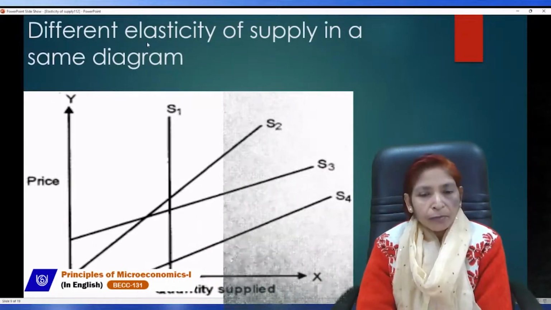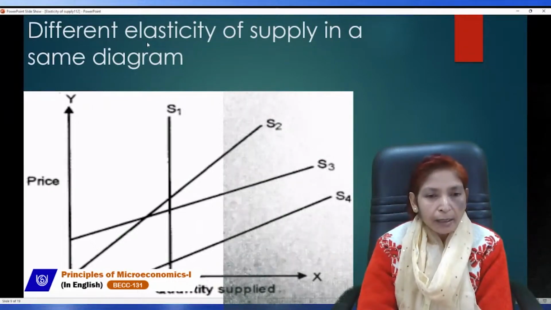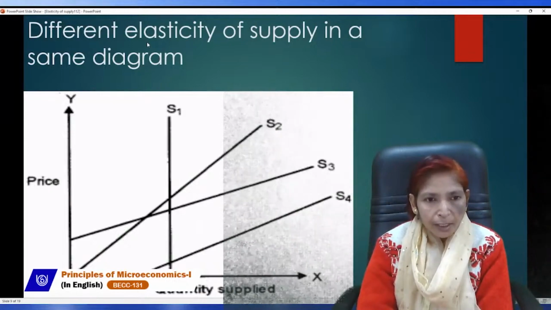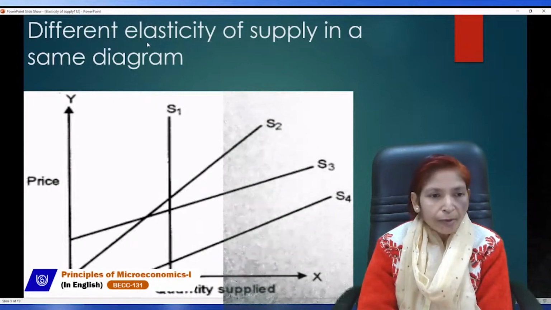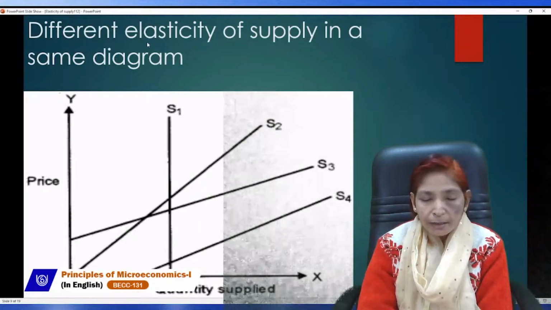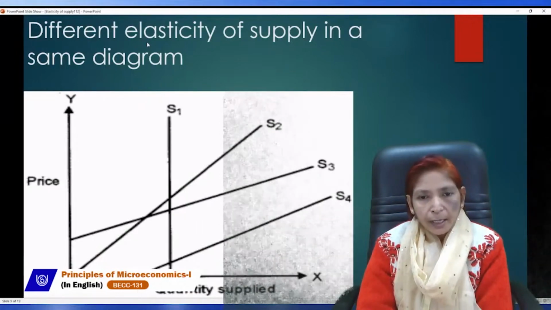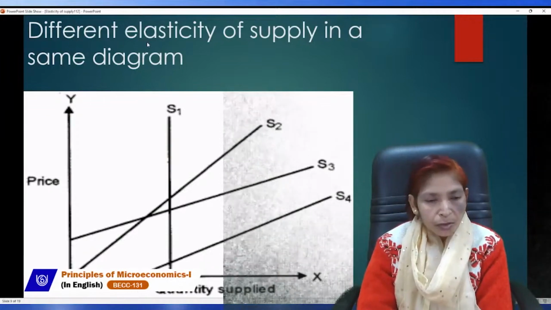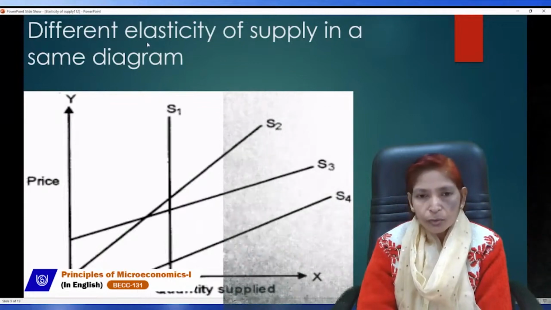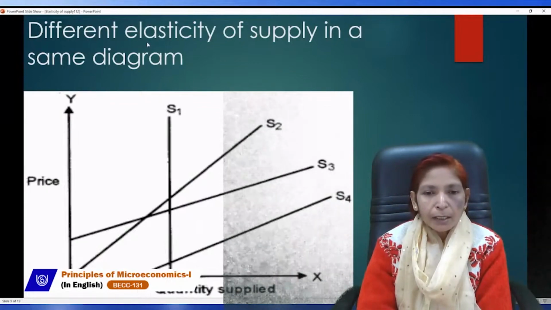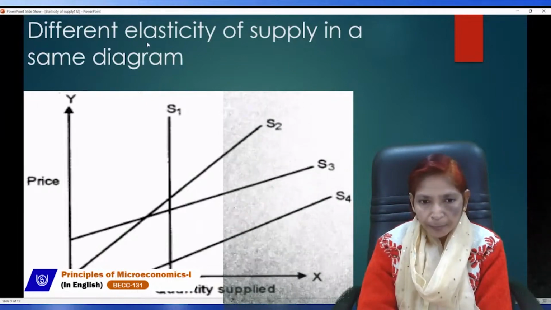Now next, we can show all these degrees in the same diagram. The supply curve S1 is a vertical line parallel to the y-axis. It represents perfectly inelastic supply. The line which passes through the origin, supply curve S2, shows elasticity of supply equal to 1, or unitary elastic supply.